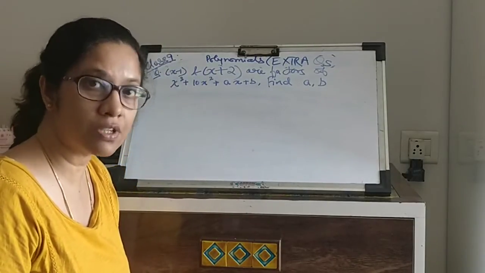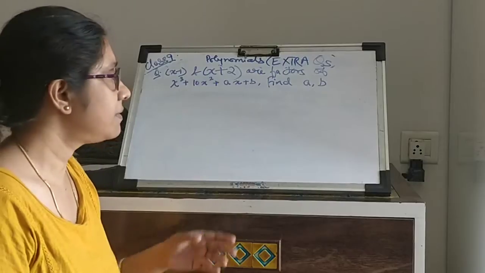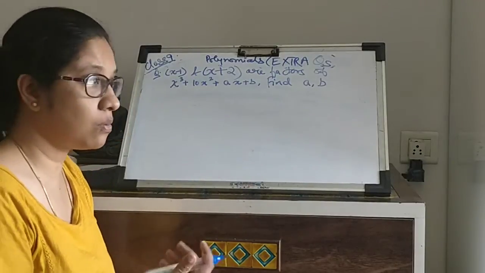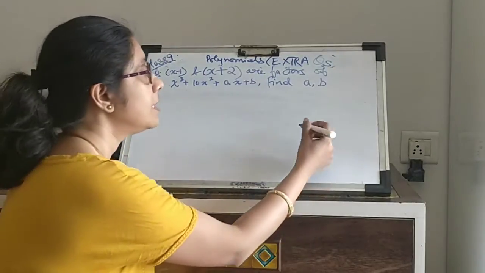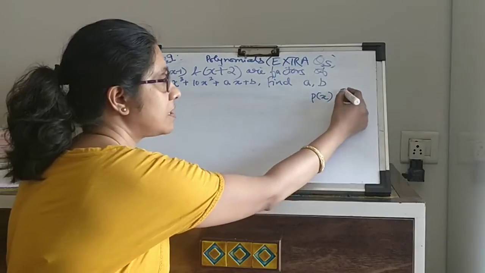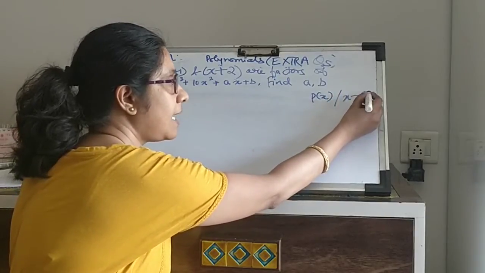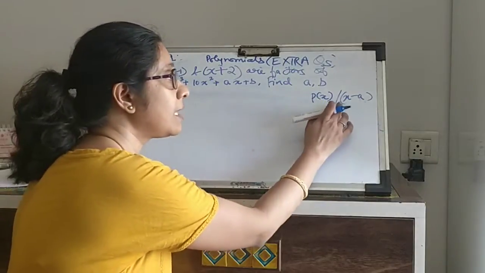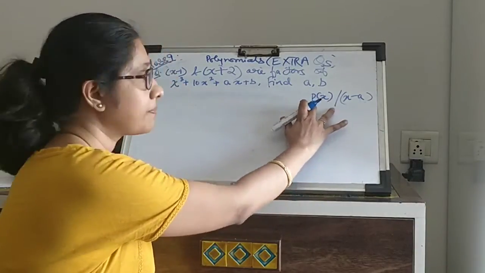I'm assuming you know what factor theorem is, but I will simply do a quick review, recap of what factor theorem is, just in case you don't know. So, if px is a polynomial which is divided by x minus a, then my factor theorem states that my remainder should be 0.